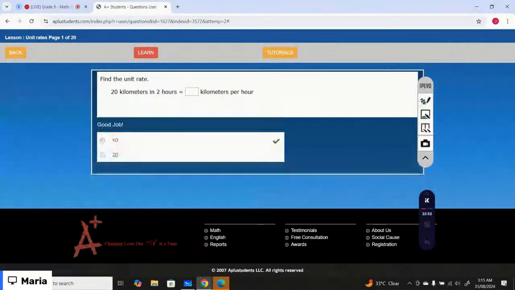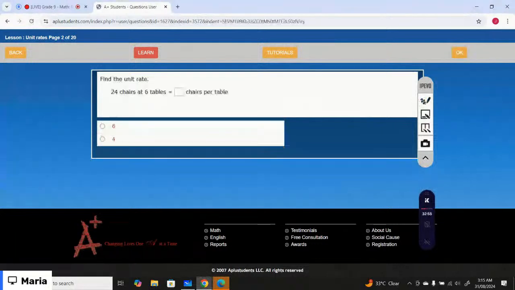Okay, the next one is find the unit rate: 24 chairs at 6 tables. So how many chairs per table? Which is the correct option? 6 times 4 is 24, right?